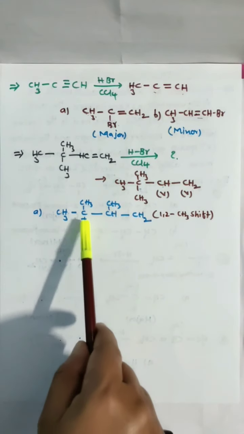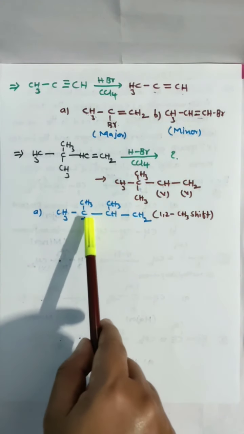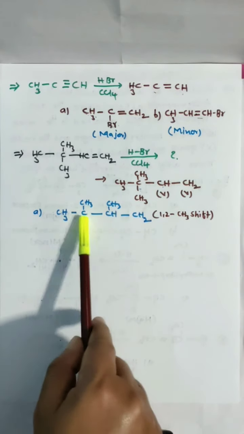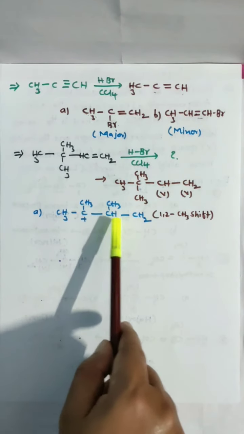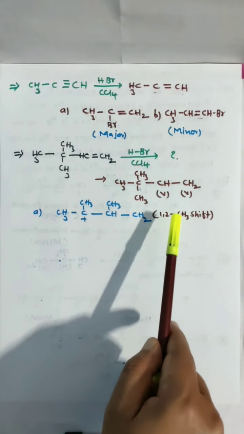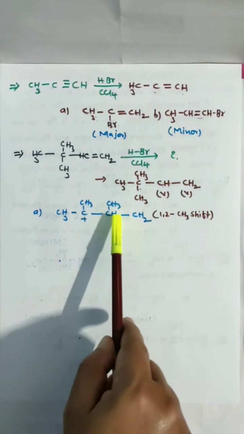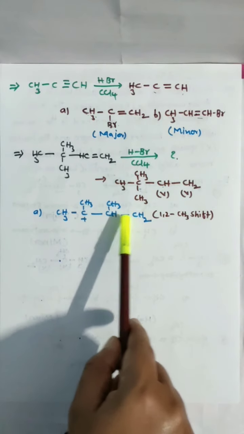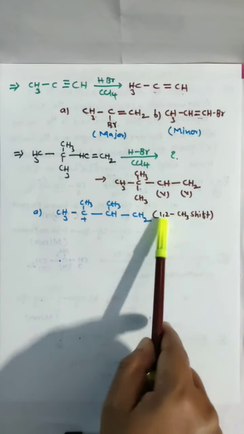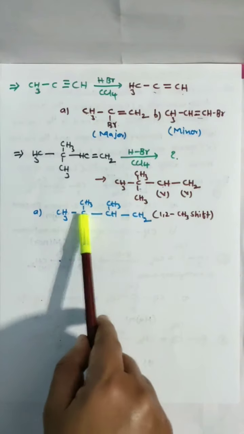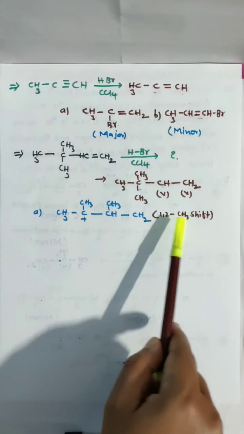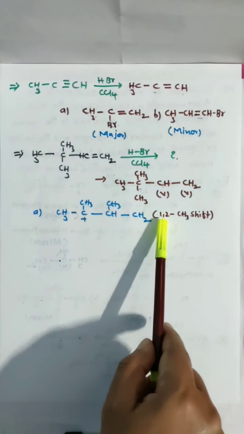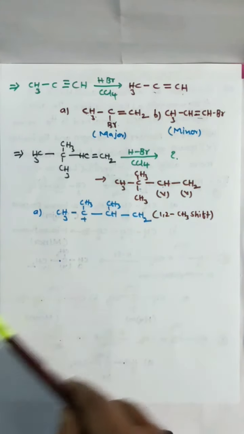Methyl or hydride shift always shifts to the adjacent carbon only. Here to here, here to here. So remember, whether methyl shift or hydride shift, it shifts to the adjacent carbon only, to the left side or right side. That's why we call it 1, 2 methyl shift, not IUPAC numbering 1, 2, 3 like that.